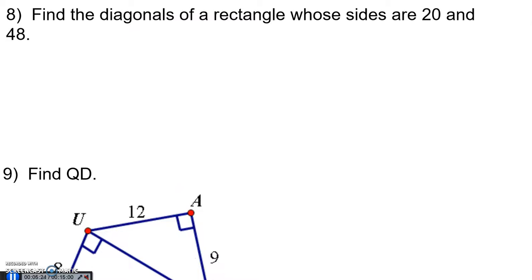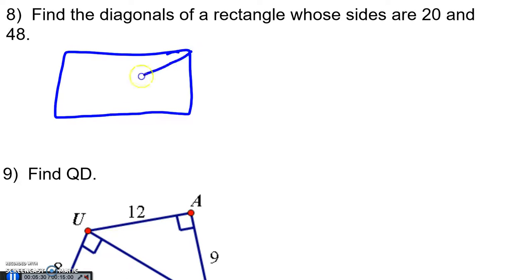This says find the diagonals of a rectangle whose sides are 20 and 48. First we'll draw our rectangle diagonal, so we know this is a right triangle here. Sides are 20 and 48. Instead of using the Pythagorean theorem, obviously we're going to try to use our triples. A common factor between 48 and 20 is 4.